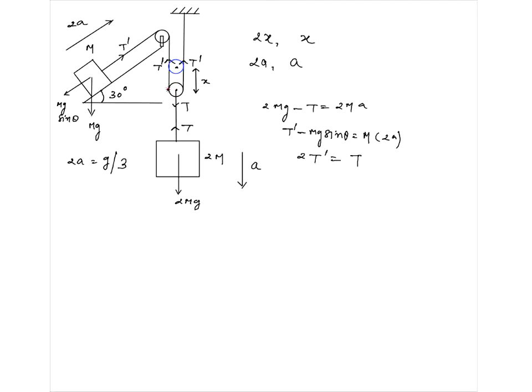So when this pulley comes here, this x plus this x, 2x length is released, and this block pulls that 2x length and moves by 2x distance.